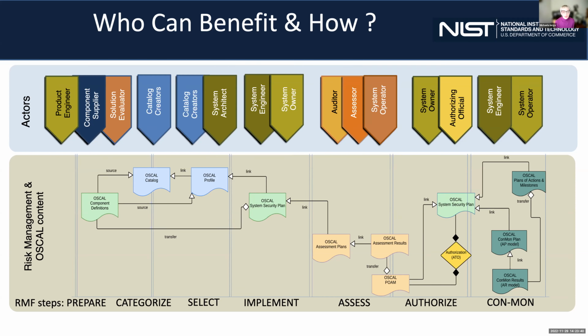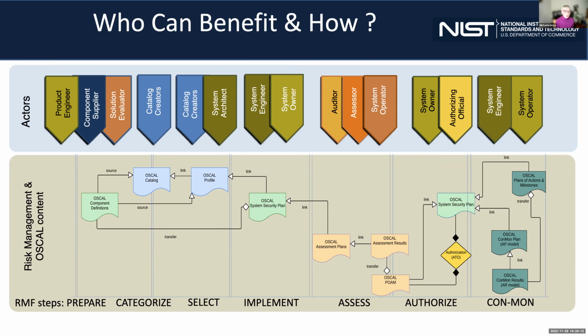On top of the slide, we capture all different types of actors that can use different models. And at the bottom of the slide, we decompose the risk management framework steps. And for every single step in there, we try to identify the type of OSCAL content, the type of information that can be used, and what will be the model, of course, that will rule the formatting of that information, and how to use that.